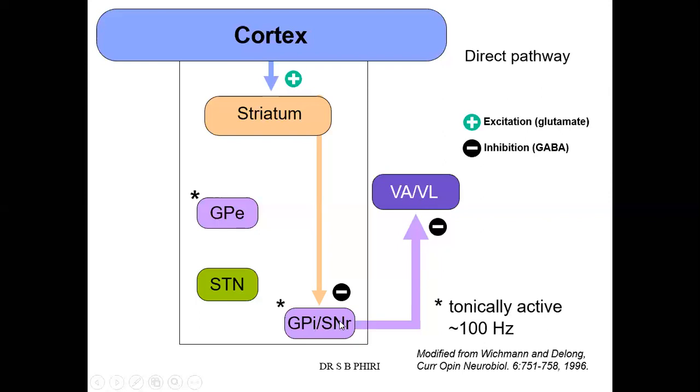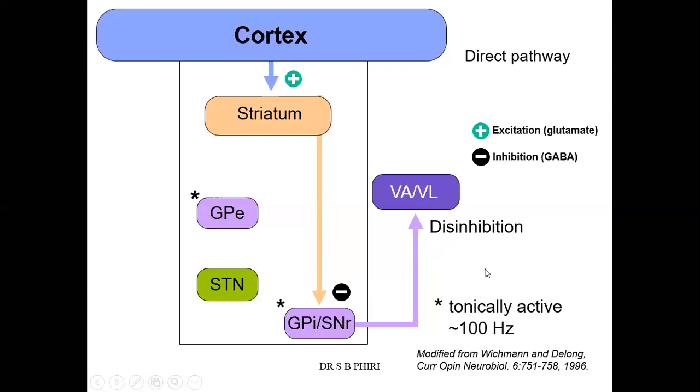This neuron that is projecting to the thalamus is inhibitory. Once it has been inhibited, there will be disinhibition. This disinhibition means that the thalamus has been relieved of the inhibition, or the inhibition has been removed.